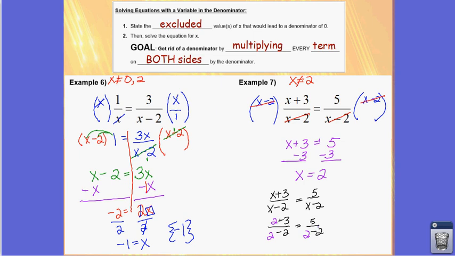Am I allowed to have something that's 5 divided by 0? No, this is undefined. So now I have to actually reject this answer and state that there is no solution. We cannot have an undefined value within an equation.